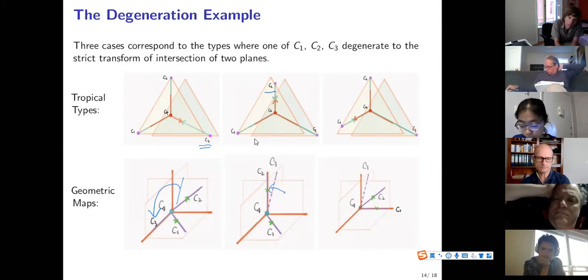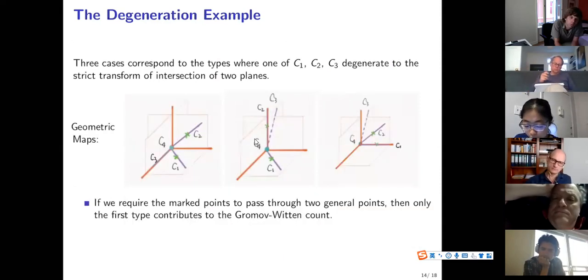And if we further require the marked points to pass through 2 general points, then the marked points lie on C1 and C2, and only the first type will contribute to the Gromov-Witten count.